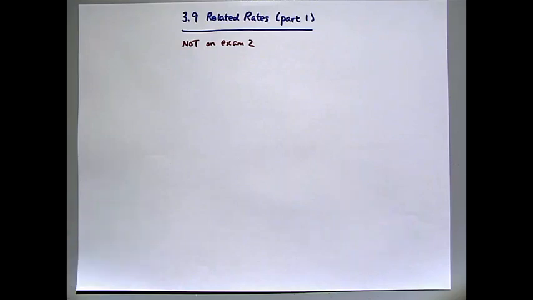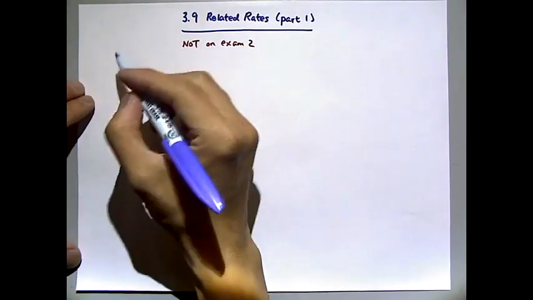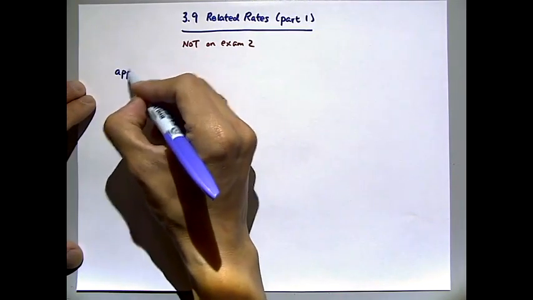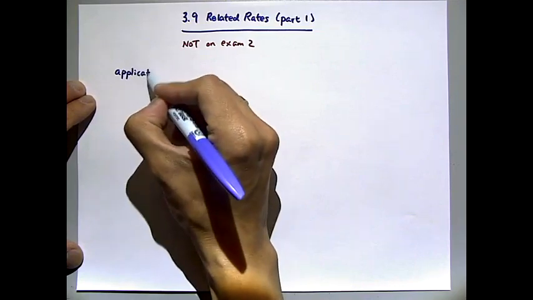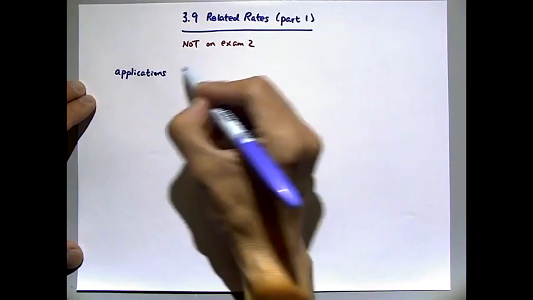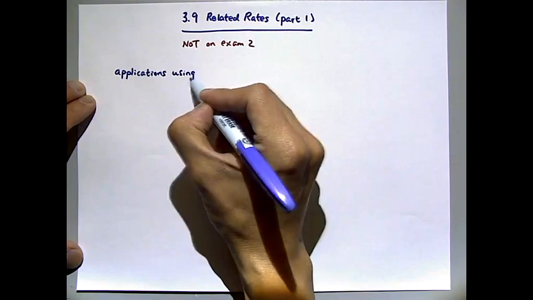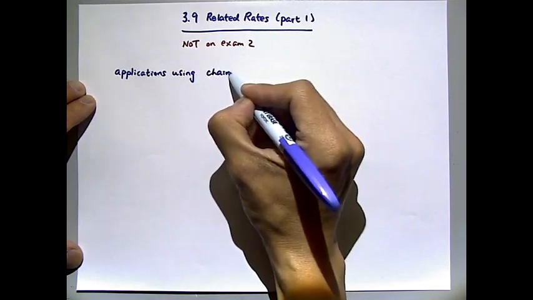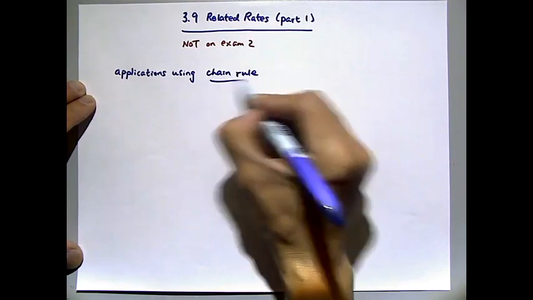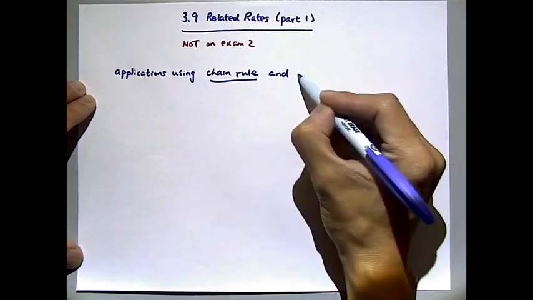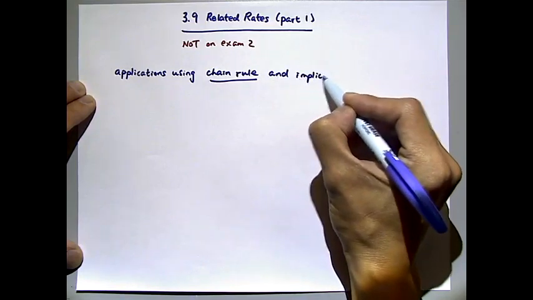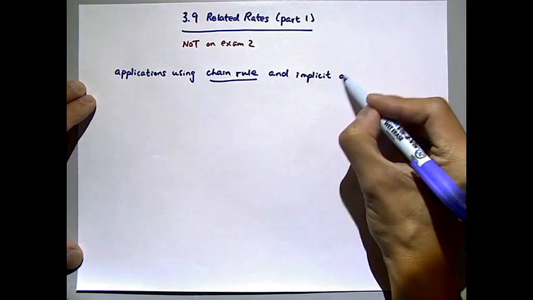Okay, so related rates here, there's really nothing new. All we're going to be doing is looking at applications using the chain rule, and oftentimes implicit differentiation.